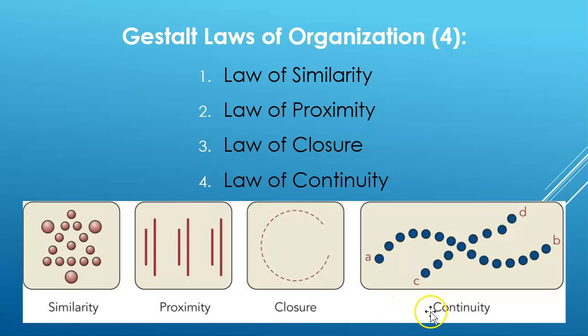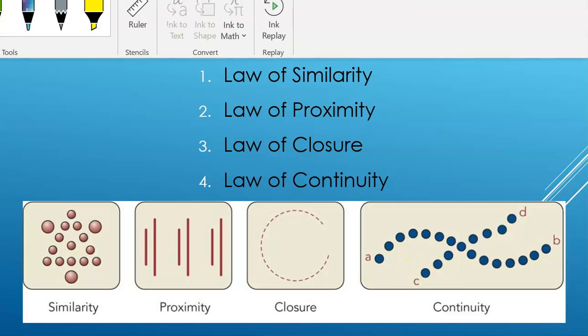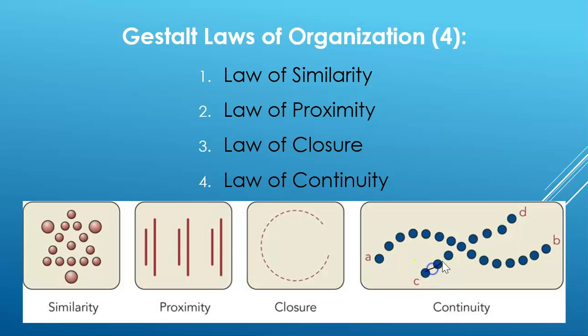Now the last one is the law of continuity. If I were to draw a straight line, let's draw lines connecting all the dots. You can see how I'm using the law of continuity.